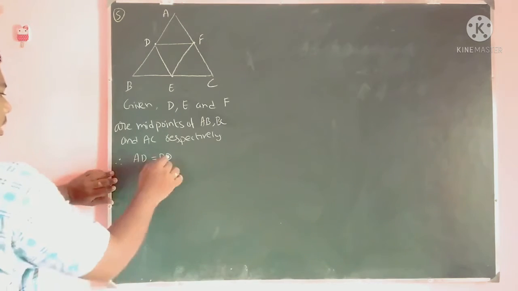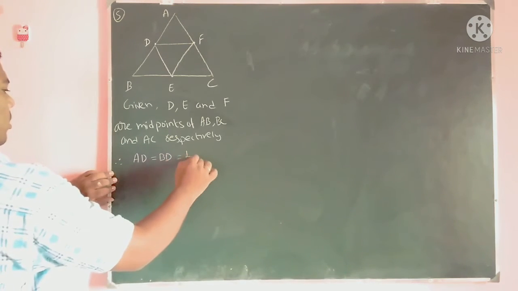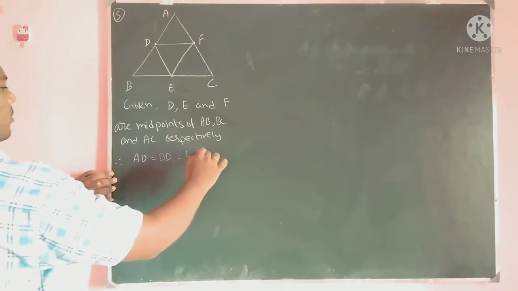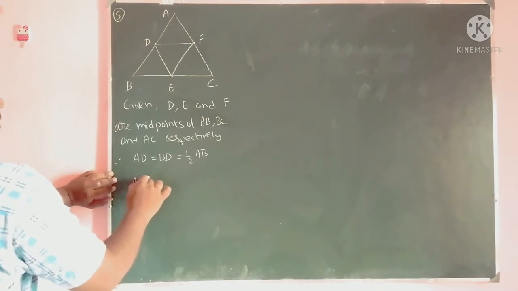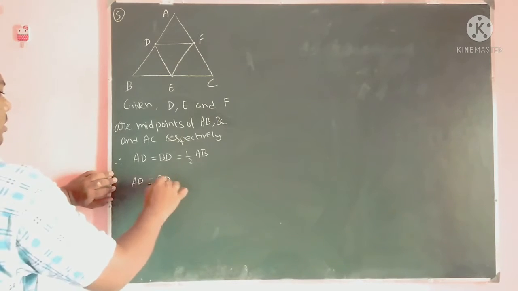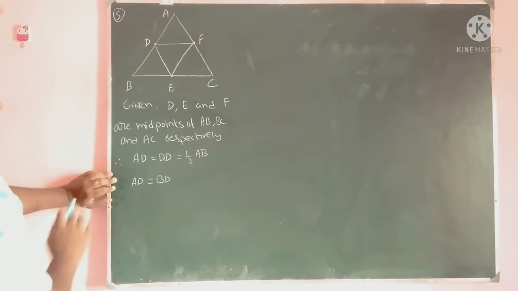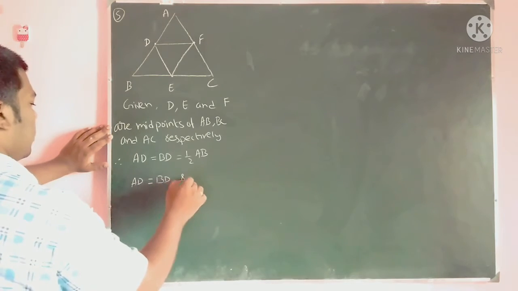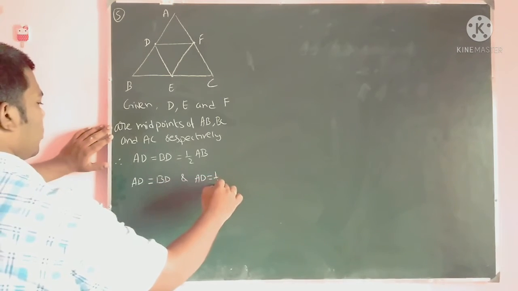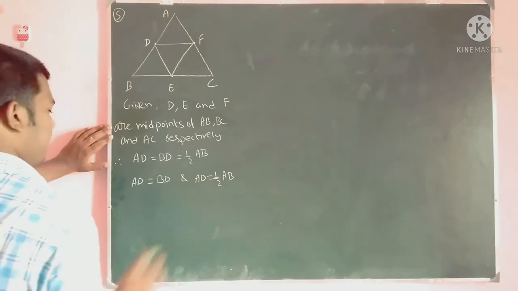So we can write half of AB. By this what we can write? AD is equal to BD and AD is equal to half of AB.